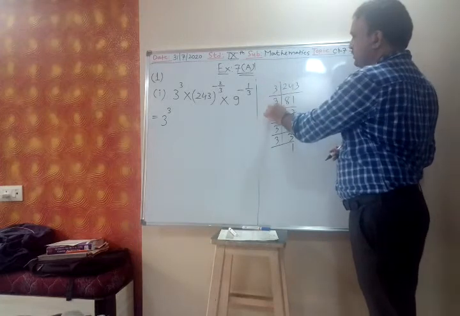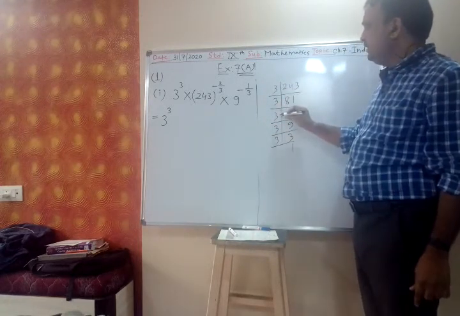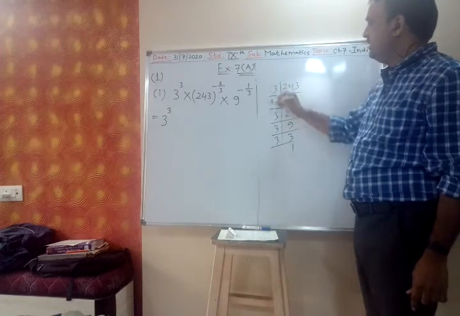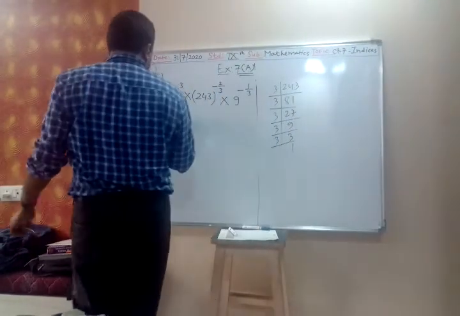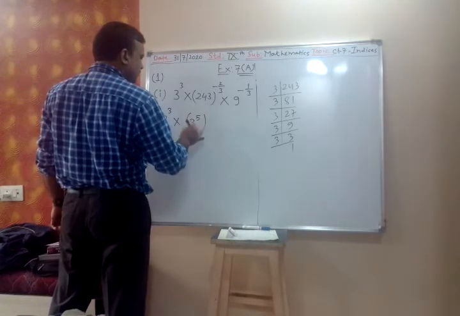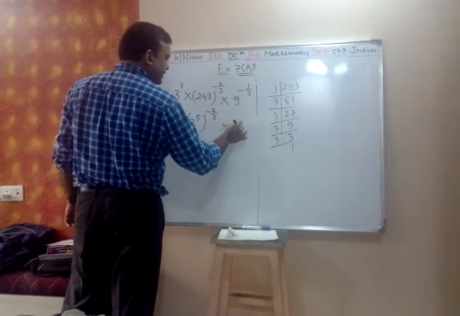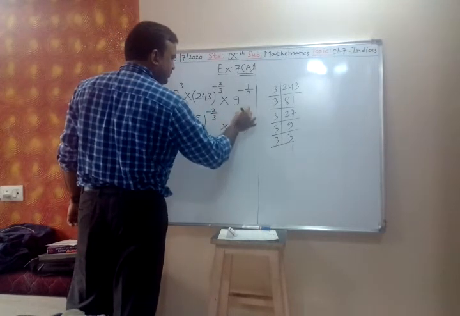So 1, 2, 3, 4, 5. I can write 3 into 3 into 3 into 3 into 3, five times. So this I can write 3 raised to 5 raised to minus 2 by 3, into 9, which I can write as 3 raised to 2 raised to minus 1 by 3.